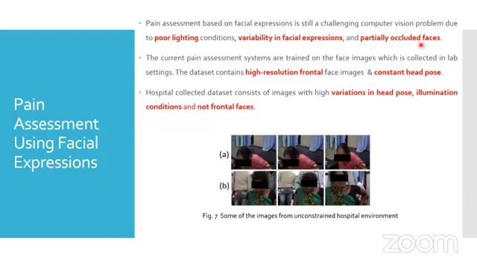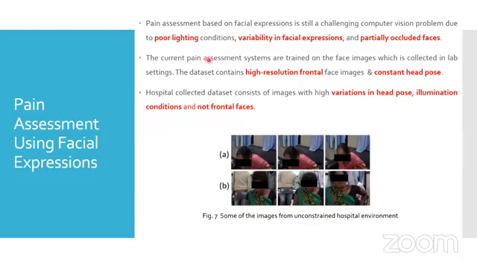When I say occluded faces, it means that to capture the facial expression, the face must be in front of the camera, but when you are suffering from pain, you will not be looking at one fixed camera, right? You will be moving your head down or somewhere else, so it will not be possible to see directly into the camera, and that is what we call occluded faces.